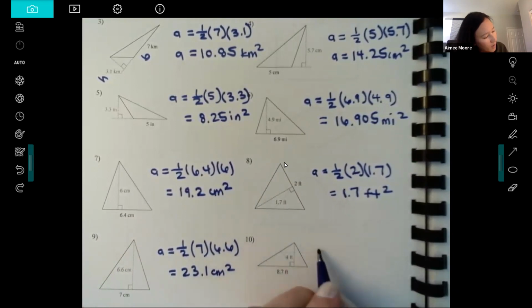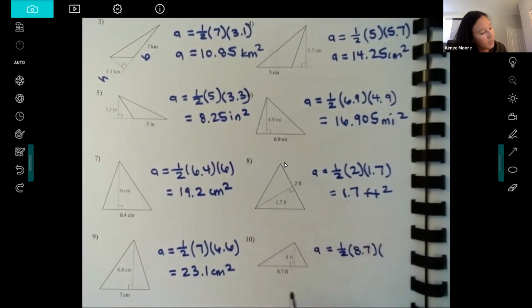And number 10, we have 1/2. What's the base? 8.7. Very good. Times our height, which is 4. Good. And so 1/2 of 8.7 is 4.35 times 4, which is 17.4.